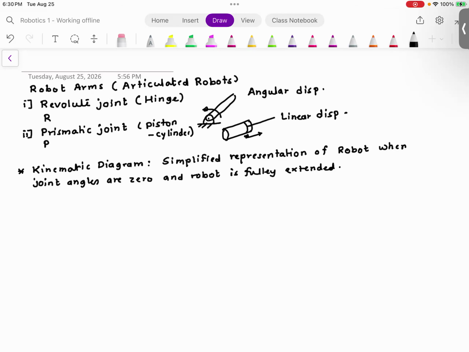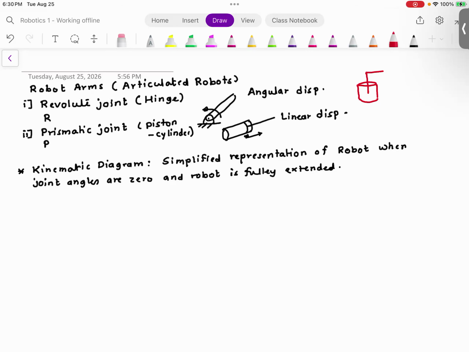If you look at the revolute joint, it is represented something like this. And please note, we are going to draw the robots in 3 dimensions. So we are going to show the revolute joint something like this. So this is the representation of the revolute joint.